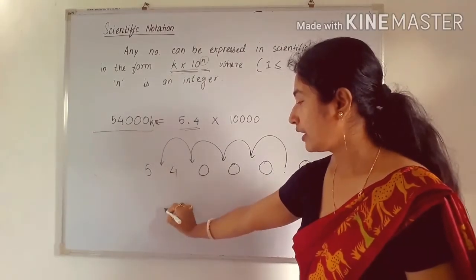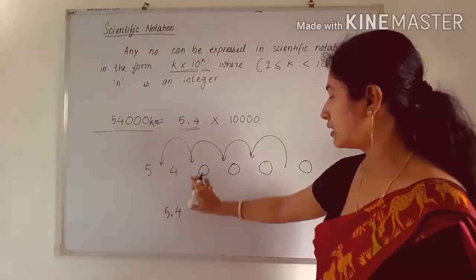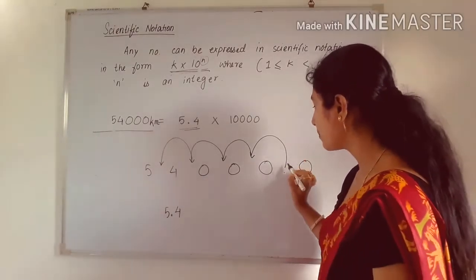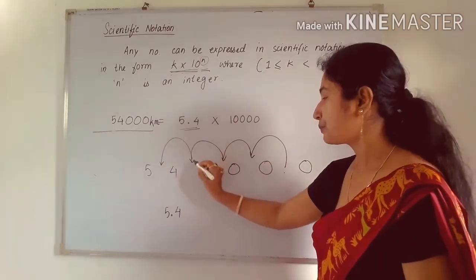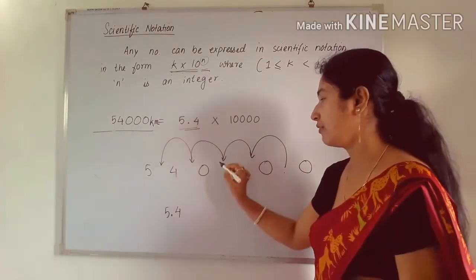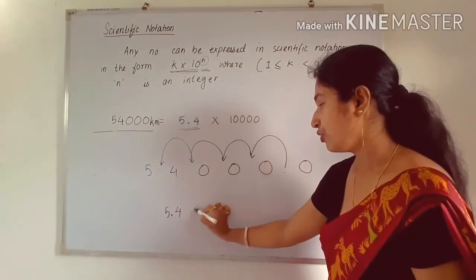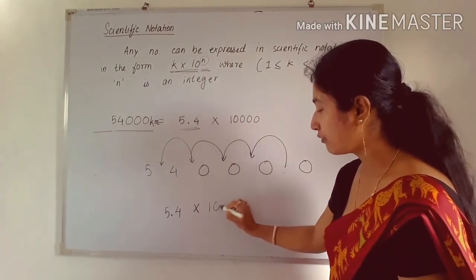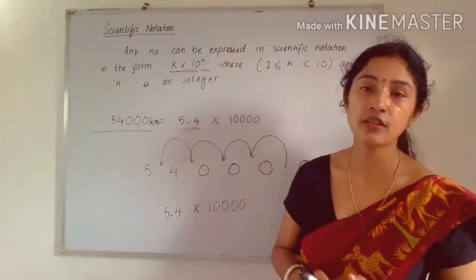So finally I will get 5.4. These zeros, I will not write, but I have to remember the places. How many places did I go to the left hand side? Yes, 4 places. So you have to write multiply 1, and after 1 I have to write 4 zeros, because I am going 4 places.